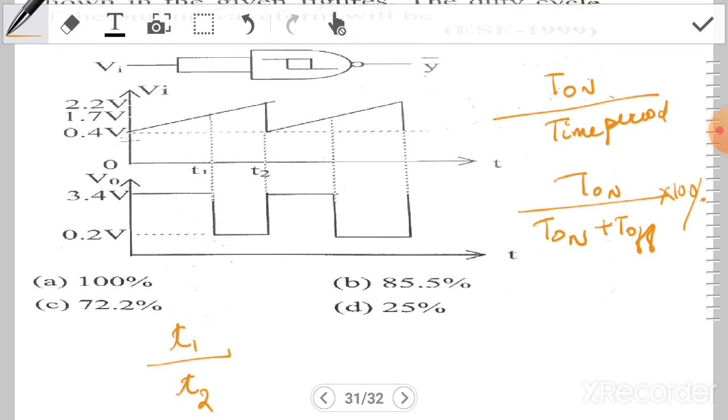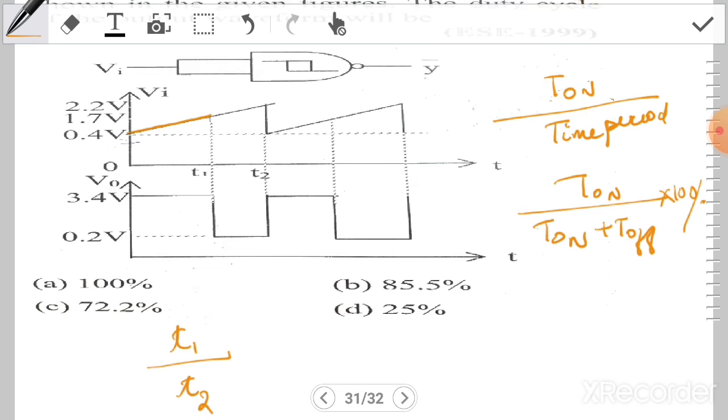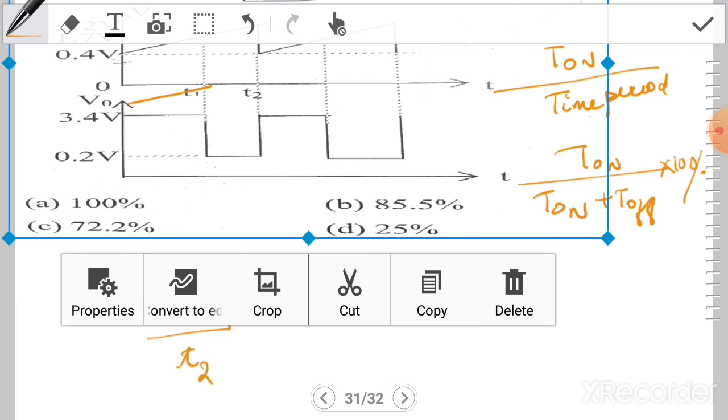We are not given time, but from the data given we can find the slope, since we have been given the voltage levels. So let us find the slope of this: 1.7 minus 0.4 by T1.